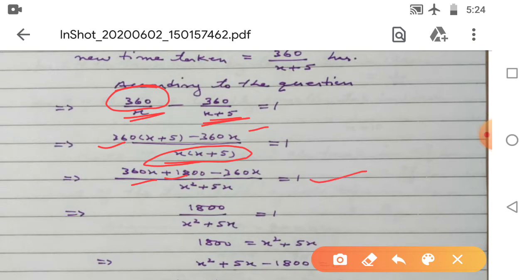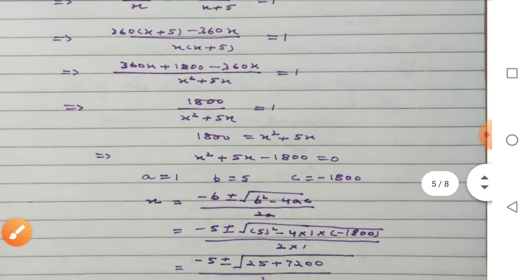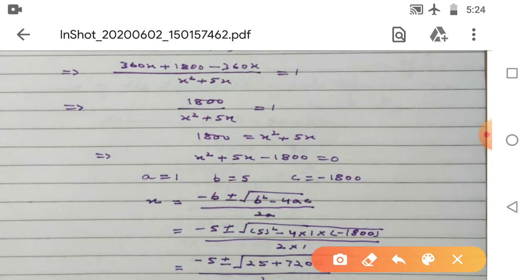So, 360 x plus 1800 minus 360 x upon x square plus 5 x is equal to 1, and 360 x cancels with minus 360 x. Finally, we get 1800 upon x square plus 5 x is equal to 1, and the equation is x square plus 5 x minus 1800 is equal to 0.